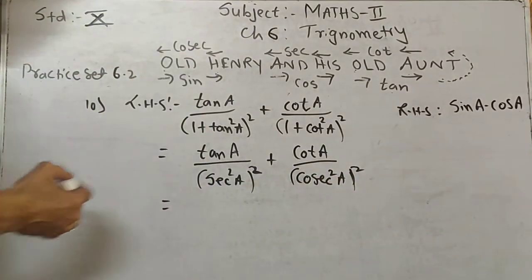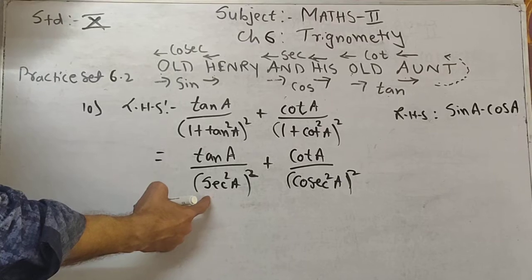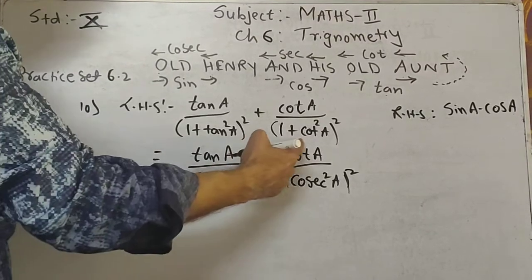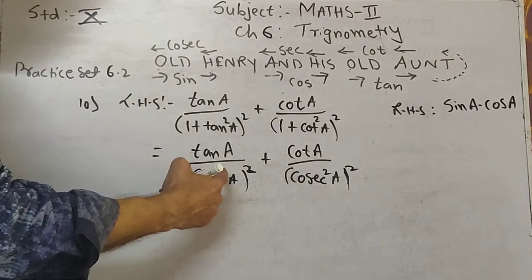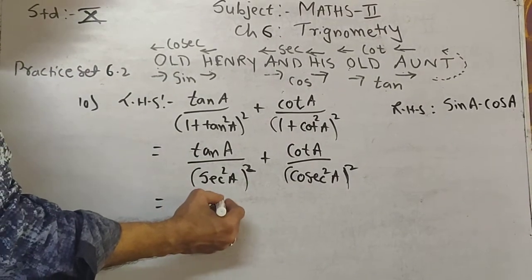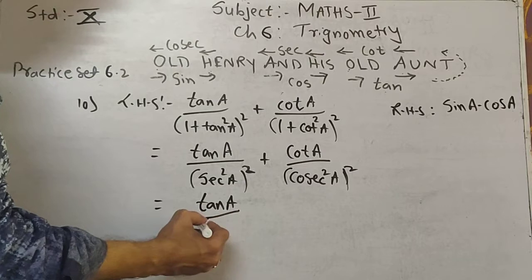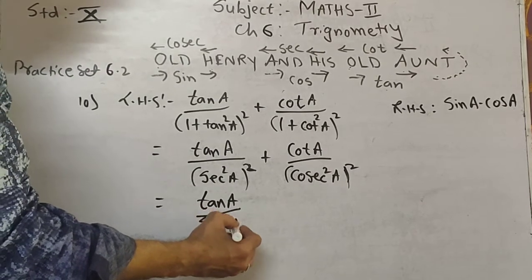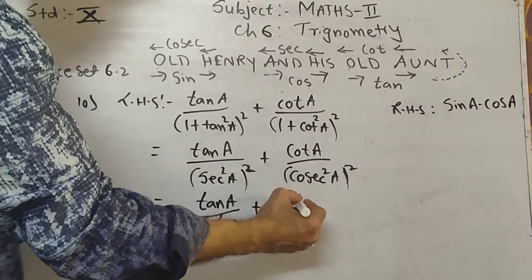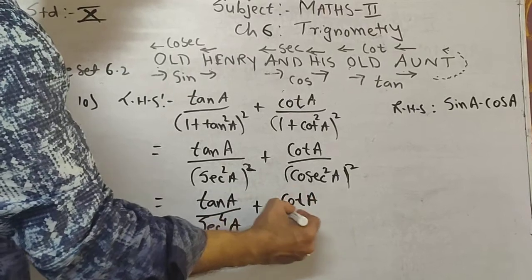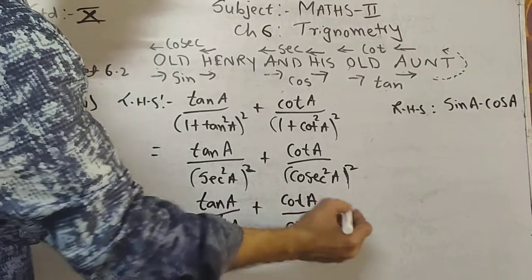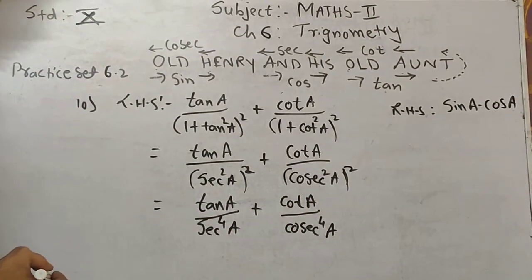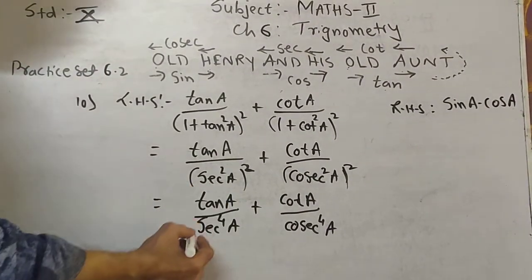You know the identities. Now squaring, tan a upon sec 4a, and here cot a upon cosec 4a. Is that clear?